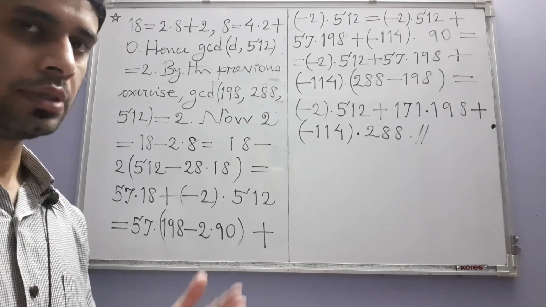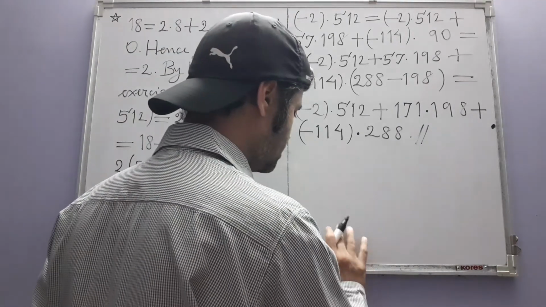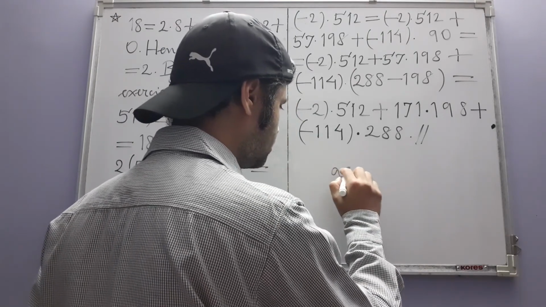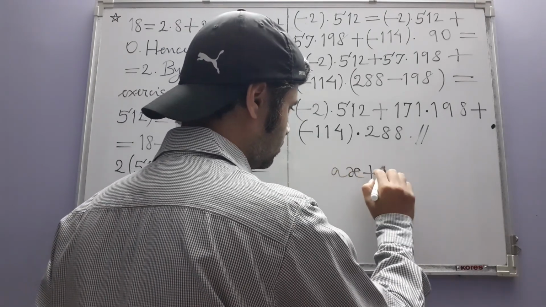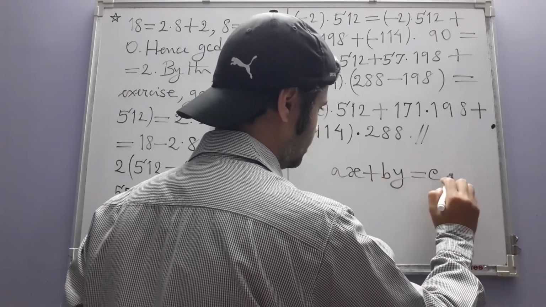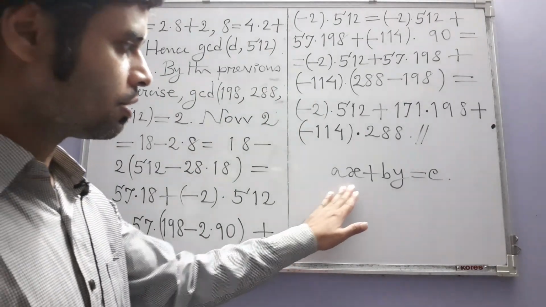After this section, we have of course another section devoted to the notion of GCD, where we encounter linear Diophantine equations in two variables, that is, equations which look like this.